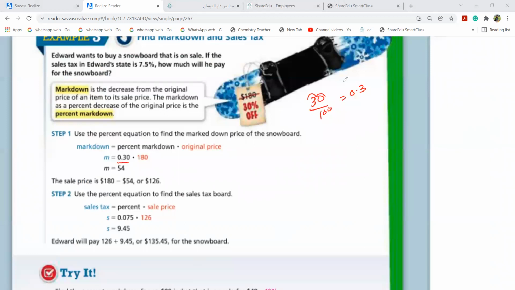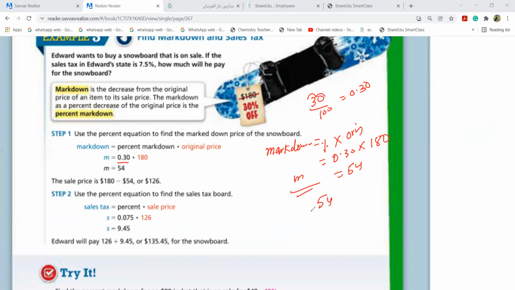You find the percentage, but you don't know the markdown. What is the formula? Markdown is percentage markdown times original price. So percentage markdown 0.30 and original price of the board is 180. By this you get the markdown.